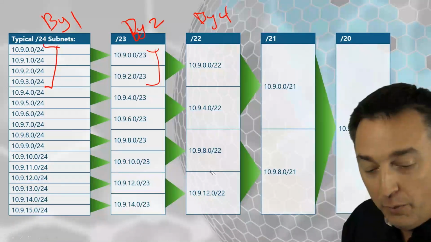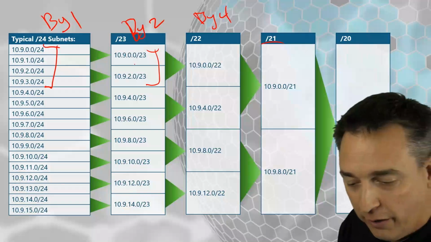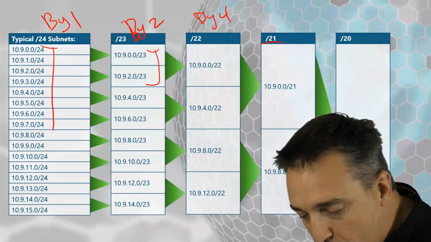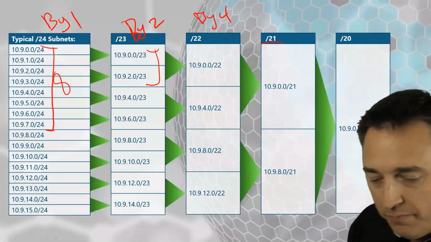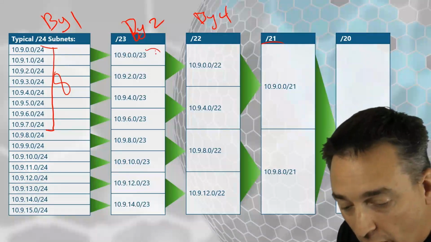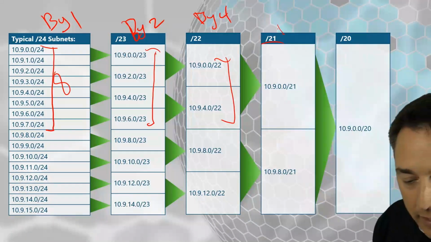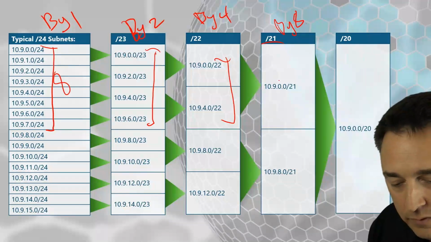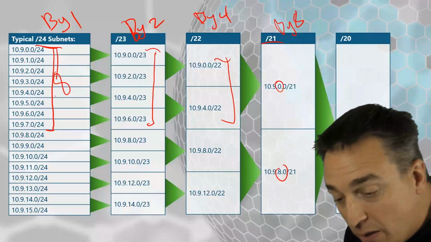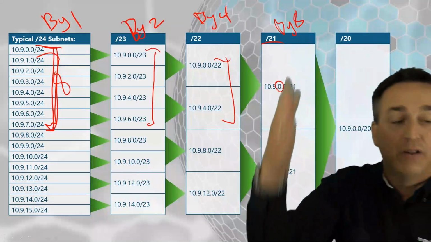Let's take it further. Let's go to /21 just to show you. If you combine 8 of them together, which would be combining 4 of these together, or 2 of these together, now you're counting by 8: 0, 8. Why? Because you combine 8 /24s, so you're counting by 8.